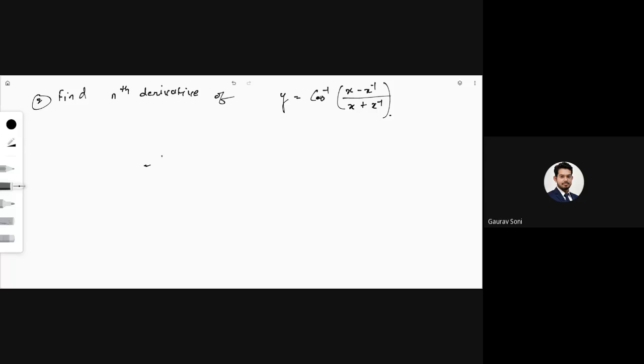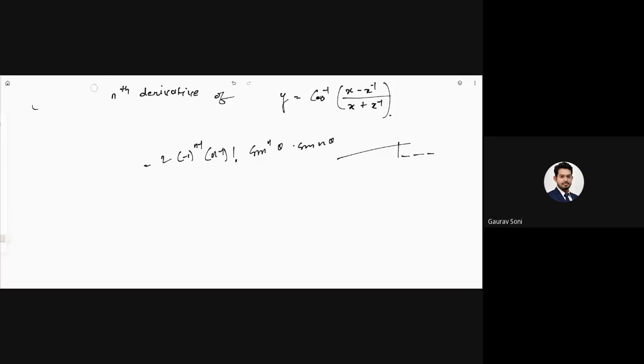So the final answer is 2 times minus 1 raised to n minus 1, n minus 1 factorial, sine raised to n theta, sine of n theta. So we'll start with the new topic now. The subtopic is Leibniz theorem.